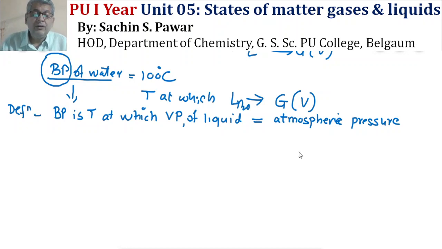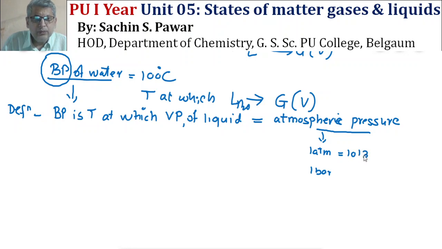But now, since we have learned this unit, we know that atmospheric pressure can be expressed in different units. We may express it as 1 atmosphere, or as 1 bar. 1 atmosphere is 101,325 pascals, while 1 bar is 10 to the power 5 pascals.